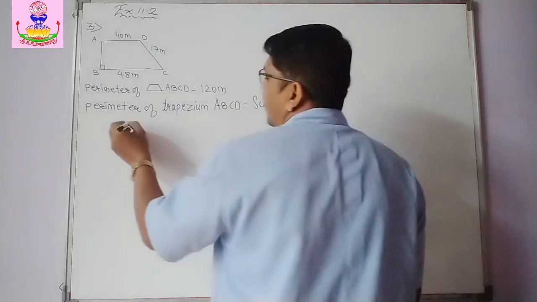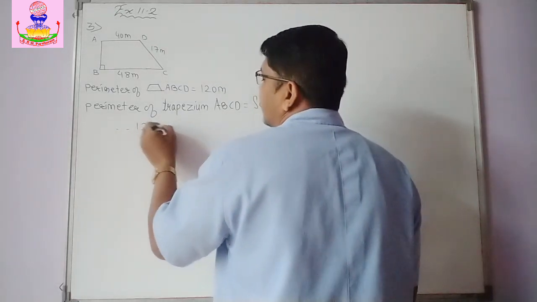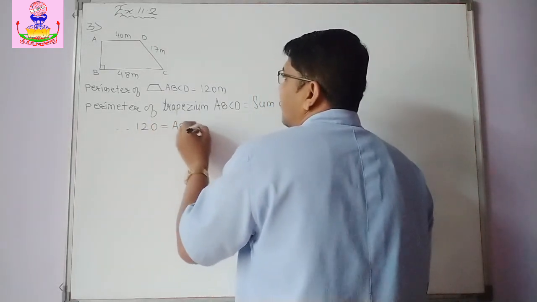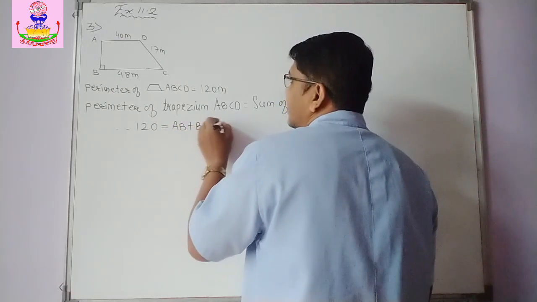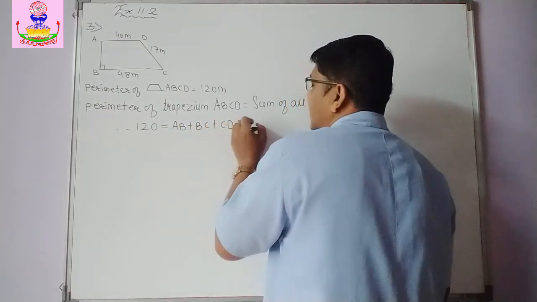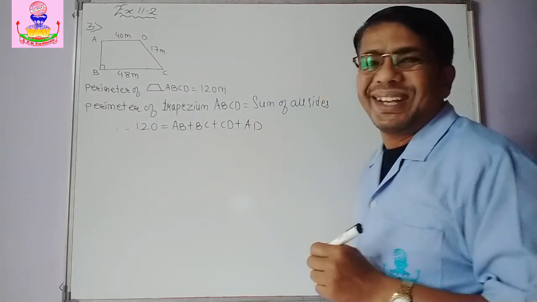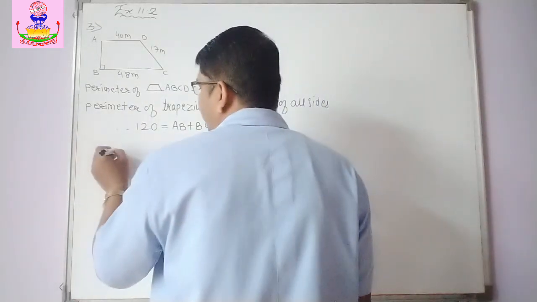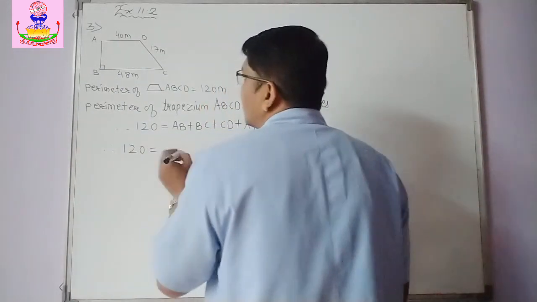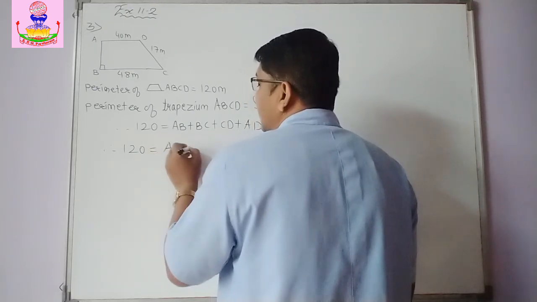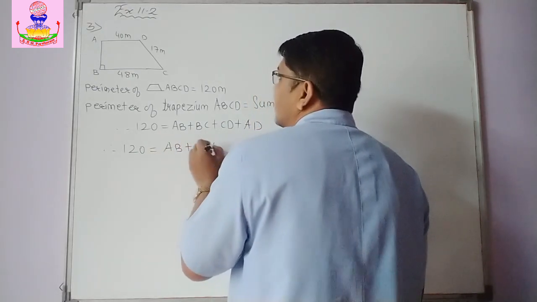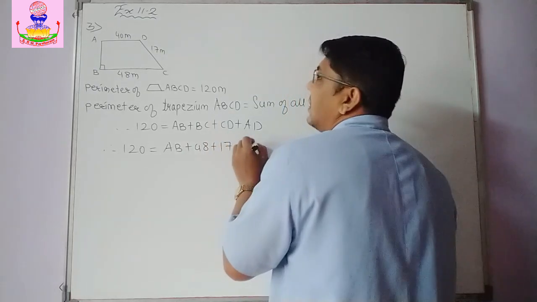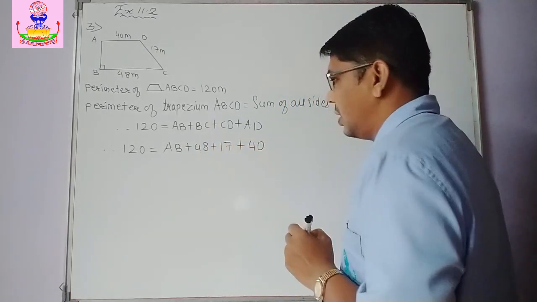So we know that the perimeter 120 is equal to AB plus BC plus CD plus AD. Now, 120 is equal to AB, which we don't know, plus BC is 48, CD is 17 and AD is 40.